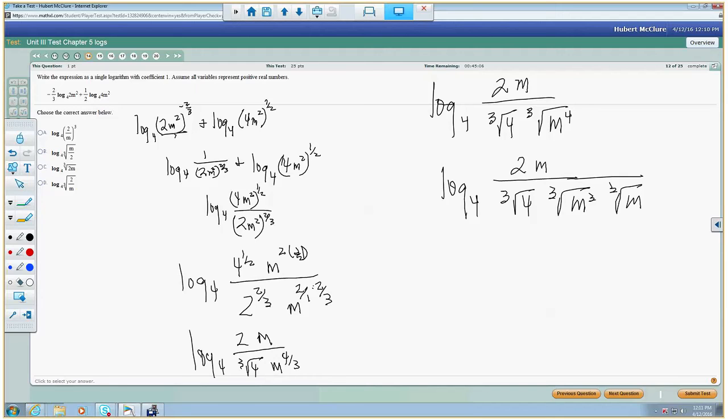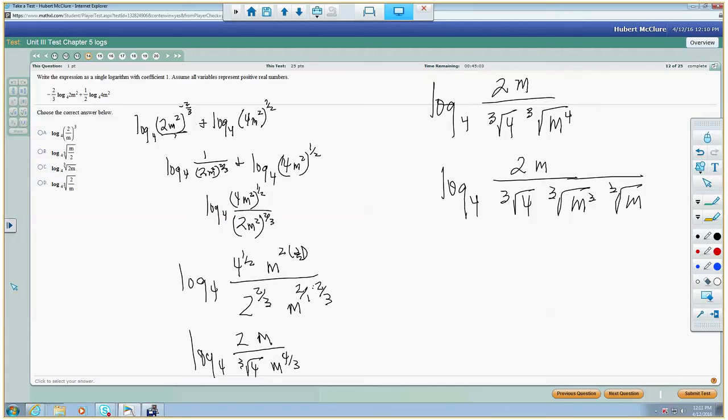And the cube root of m to the 3rd is what? m. And what do these m's do? Those cancel. And you're left with log base 4 of 2 over cube root of 4 cube root of m.